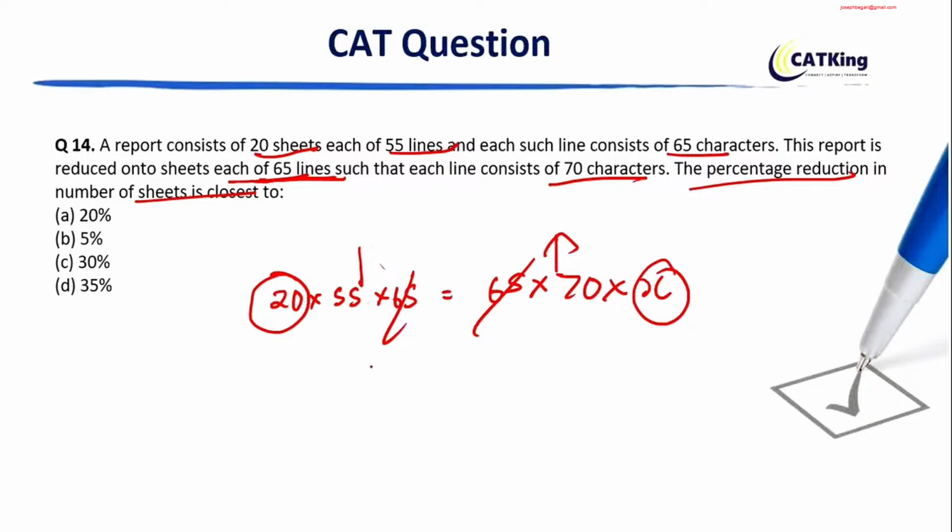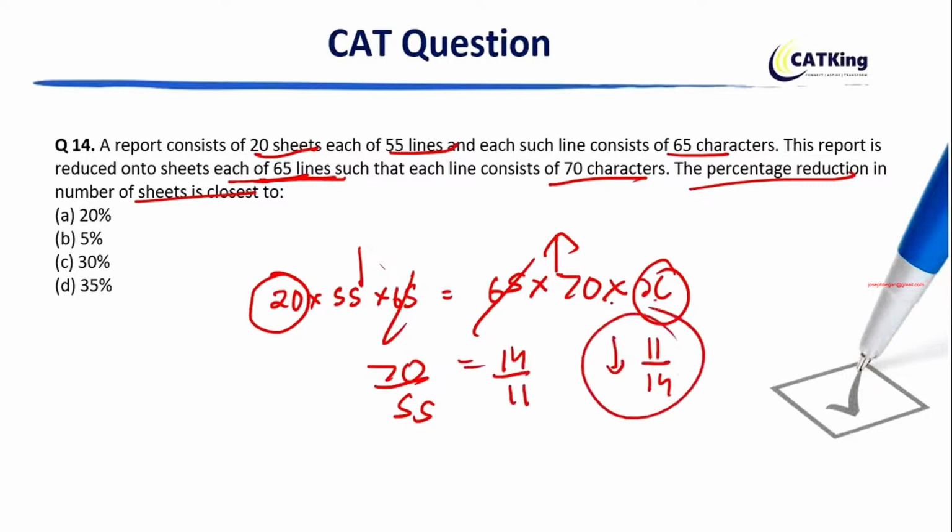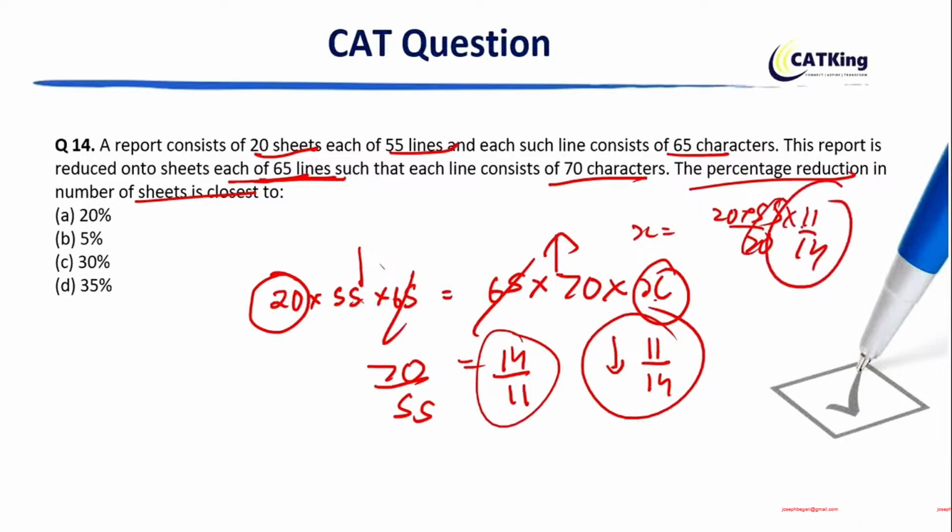So lines increased by how much? 70 by 55, which is nothing but 14 by 11. So sheets will decrease by 11 by 14. Obviously, if this has increased by 14 by 11, sheets will decrease by 11 by 14. As simple as that. Or I can also write x equal to 20 into 55 by 70. 55 by 70 is nothing but 11 by 14. So sheets are decreasing by 11 by 14.